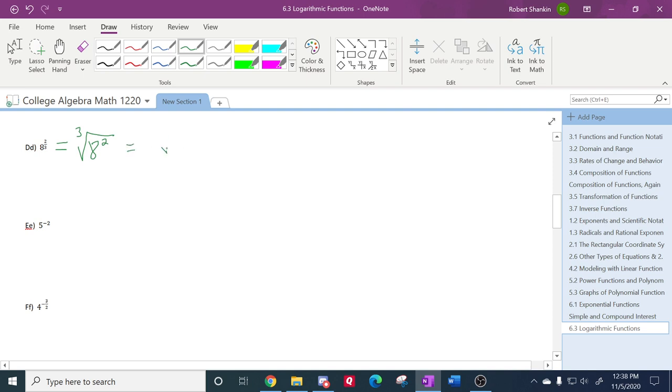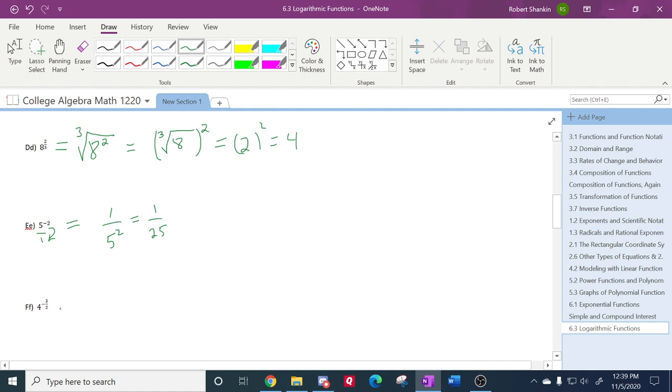But I can change the order. Because I'm going to have the cube root of 64, which is kind of hard for me. I can shrink it first and then expand it. Doesn't matter which order you do it in. Cube root of 8 is 2. 2 squared is 4. Negative exponent. Bring it down to the bottom. It's 1 over 5 squared. 1/25.